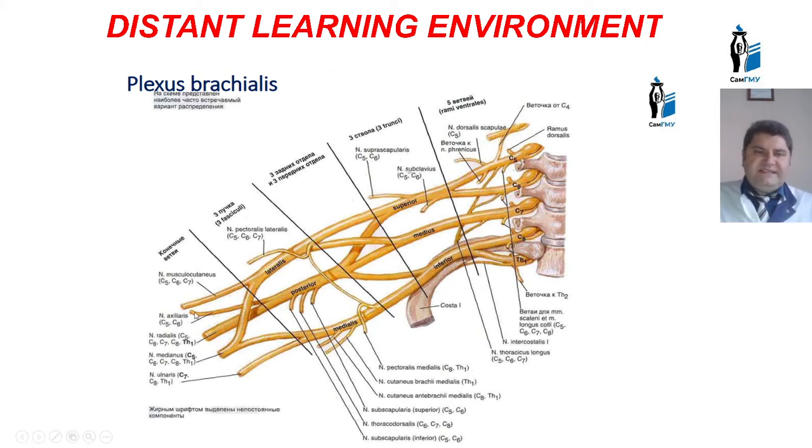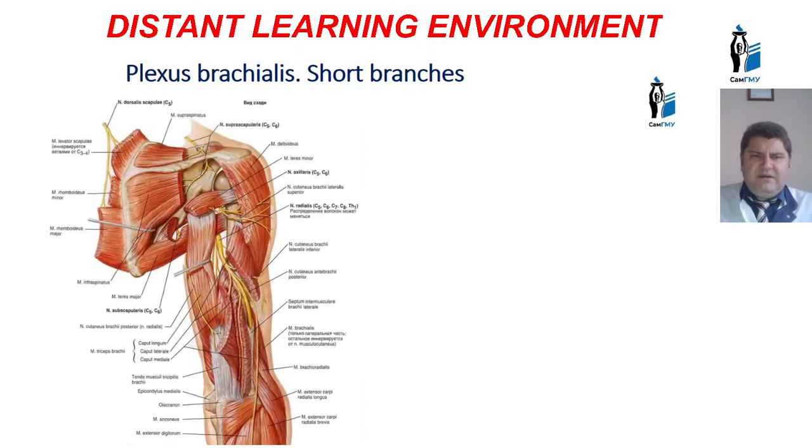And now we can see the long branches of the plexus which pass to the free part of the upper limb. Let's look again in detail at the short branches. You may see the dorsal scapular nerve, which, as I told you, innervates the levator scapulae muscle and the rhomboid minor and major muscles.